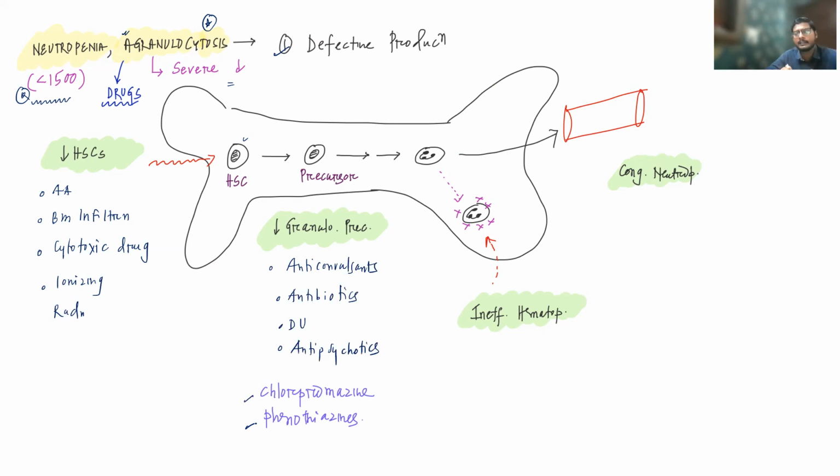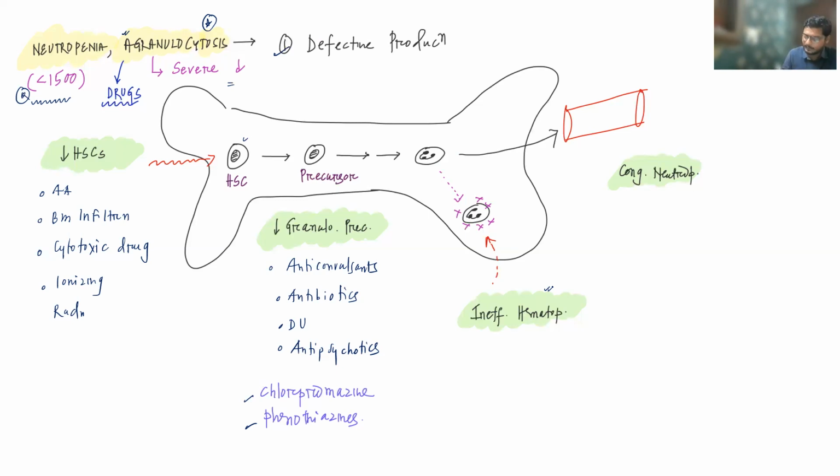Sometimes, whenever there is a defect in DNA maturation, as we have discussed in megaloblastic anemia, it can cause destruction of the abnormally formed neutrophils inside the bone marrow, and that is known as ineffective erythropoiesis. As I have told you previously, destruction of the precursor blood cells inside the bone marrow is known as ineffective erythropoiesis.